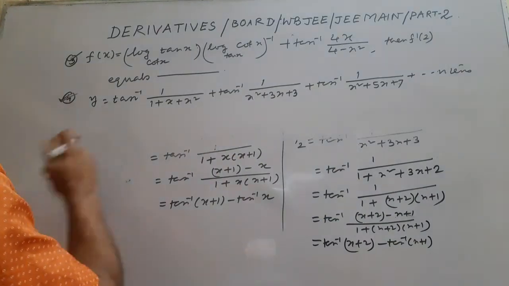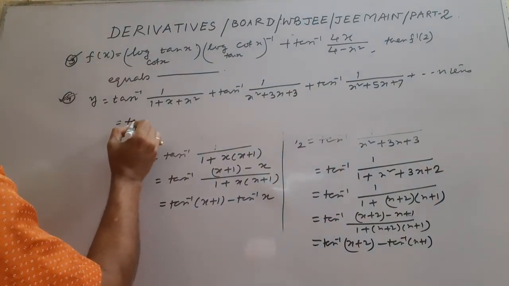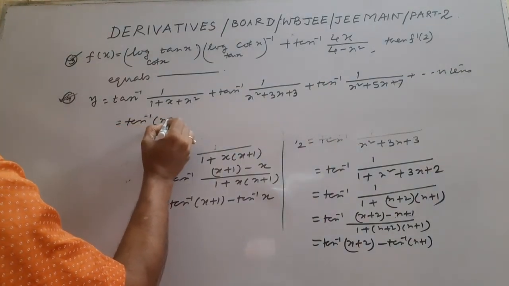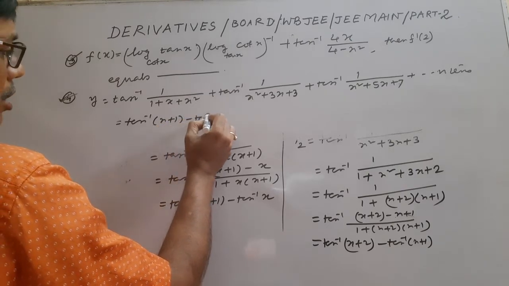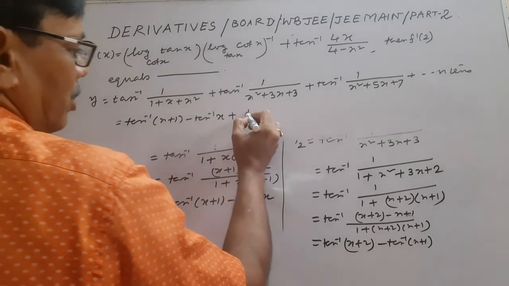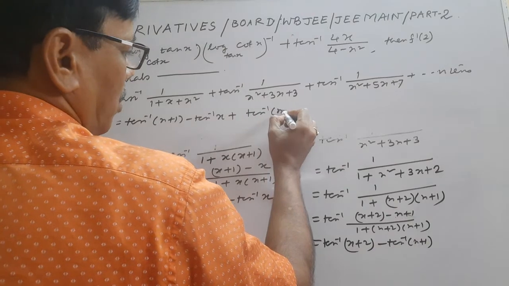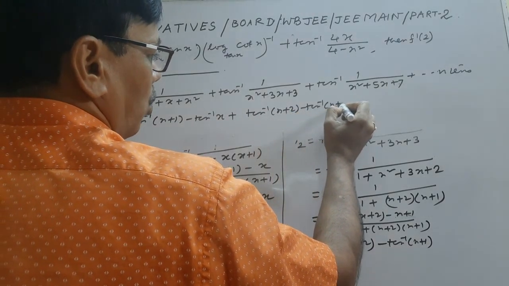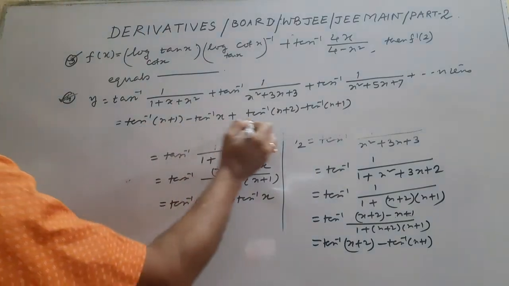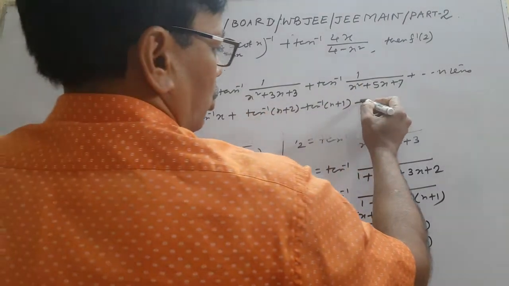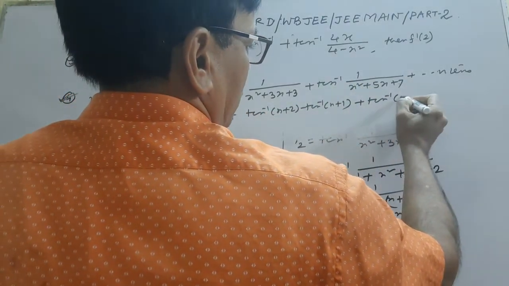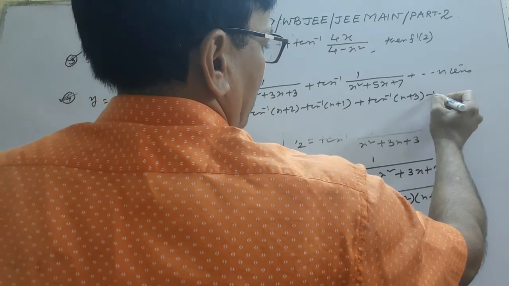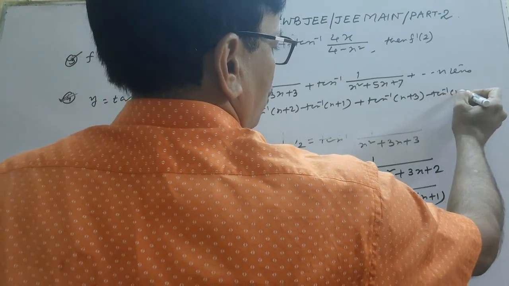So what is the first term? This is tan inverse (x plus 1) minus tan inverse x. The second term is tan inverse (x plus 2) minus tan inverse (x plus 1). The third term is tan inverse (x plus 3) minus tan inverse (x plus 2).